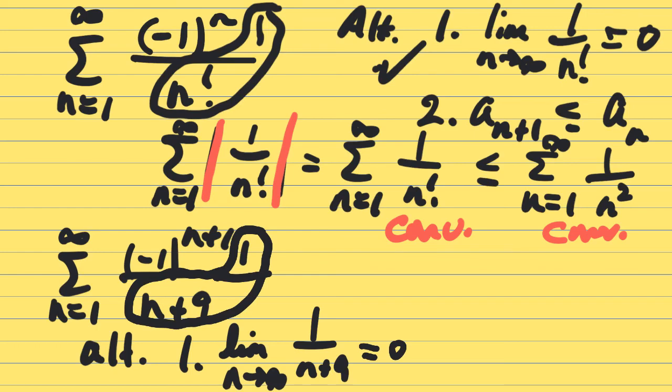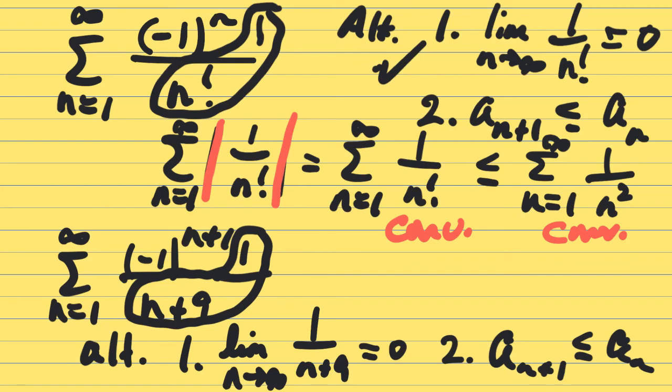Each time n gets larger, the value of the fraction gets smaller. So we have decreasing. For example, 1 over 1 plus 9 is 1/10. 1 over 2 plus 9 is 1/11. That's smaller than 1/10. 1 over 3 plus 9 is 1/12, which is smaller than 1/10 and 1/11, and so forth. By alternating series, this one converges.